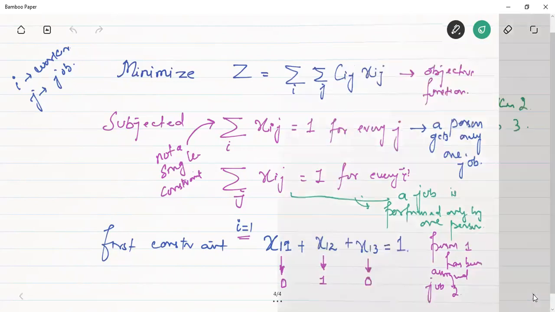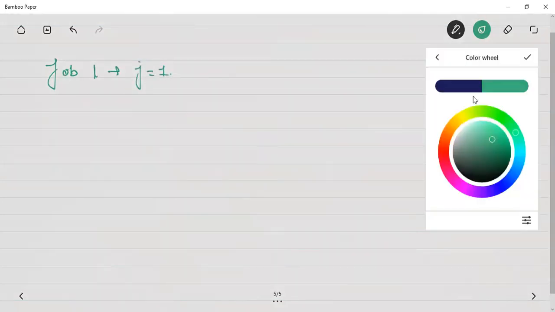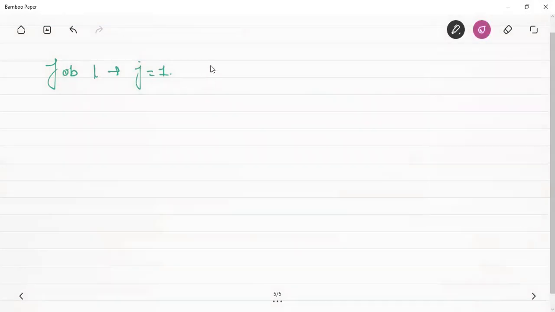So if we talk about job number 1, that means j is equal to 1. If I expand that constraint again, it will be worker 1 performing the first job, or worker second performing the first job, or worker third performing the first job.